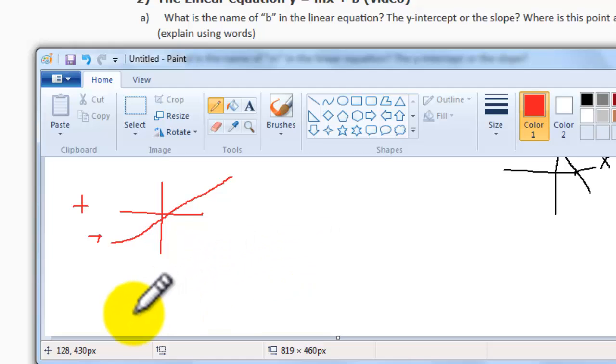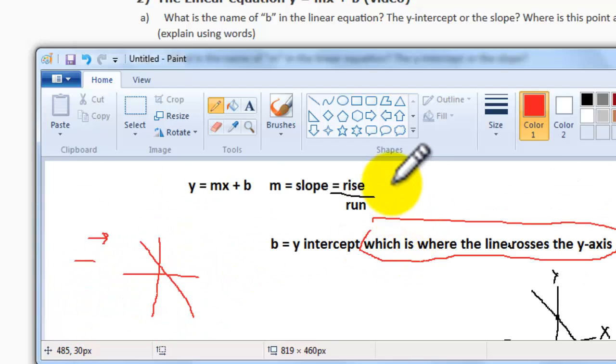Okay, so when the slope is 0, that means rise over run equals 0, which means the rise is 0, the run is any number in the world.